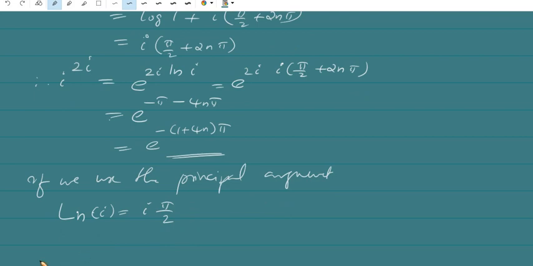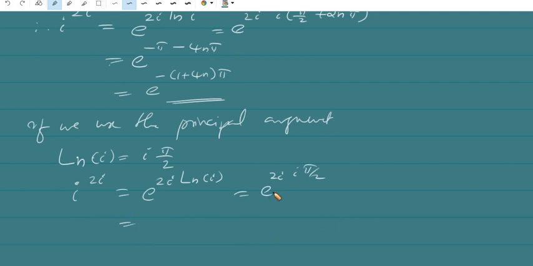So the principal value of i power 2i is nothing but e power 2i into ln of i, where this is the capital Ln of i, which is equal to e power 2i into i into pi by 2. Okay, so this is nothing but i square, e power minus pi. So e power minus pi is the principal value of i power 2i.